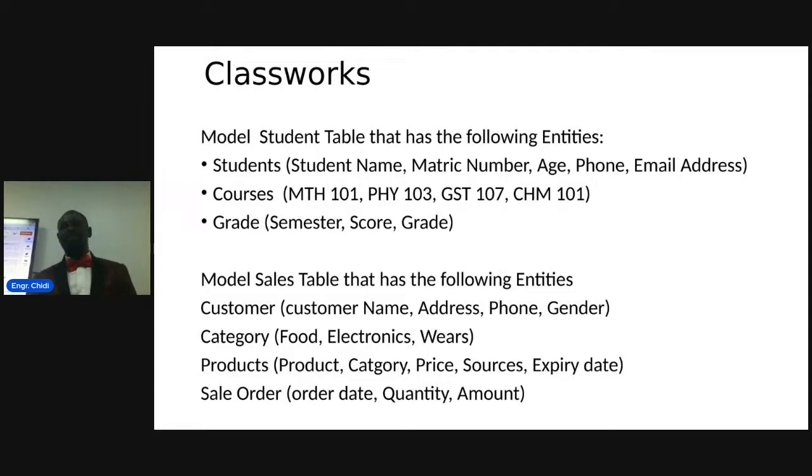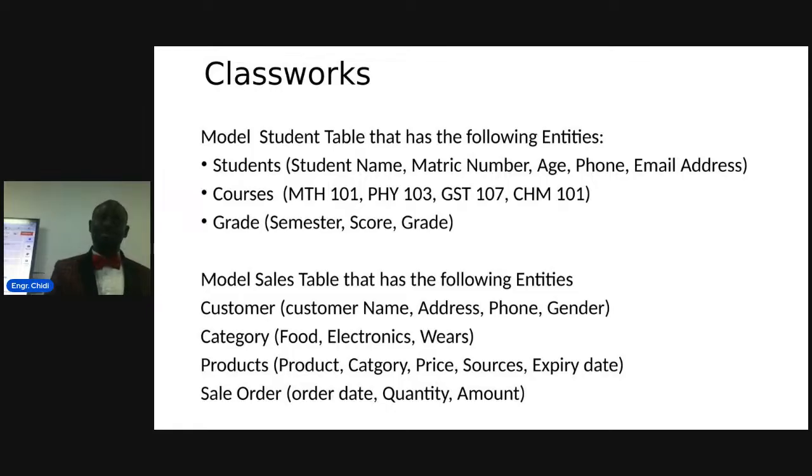Gender can be null because it's not important here. We are taking both male and female. What's the next? But we have captured matric number as primary key. Age, we want it to be 18 and above.